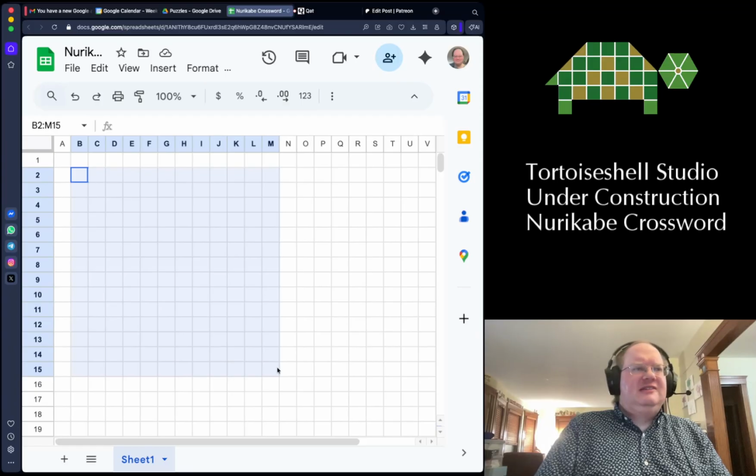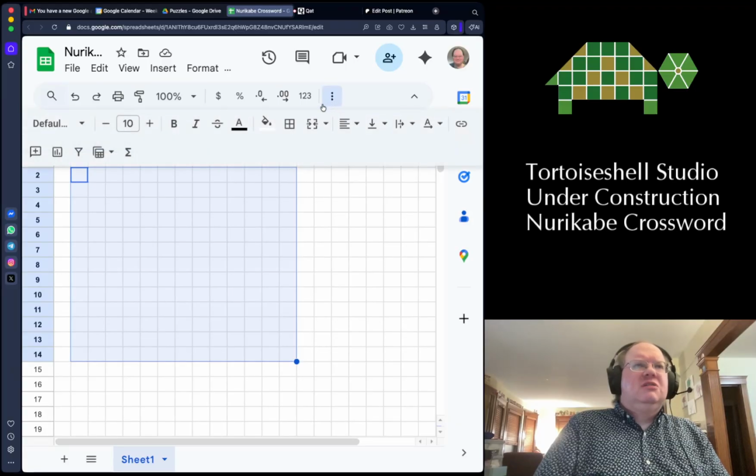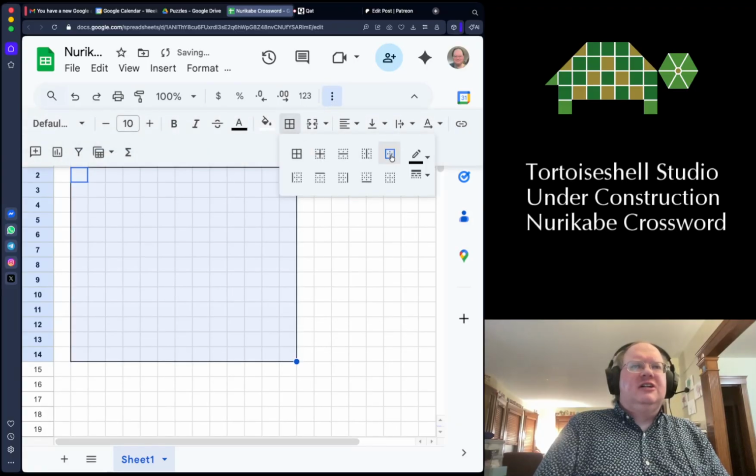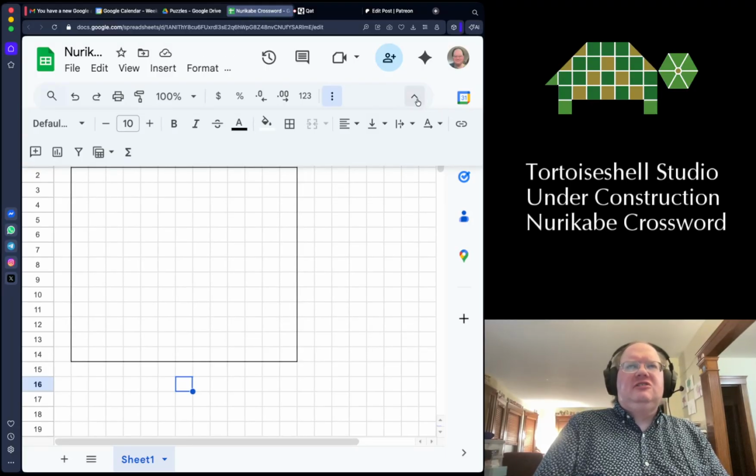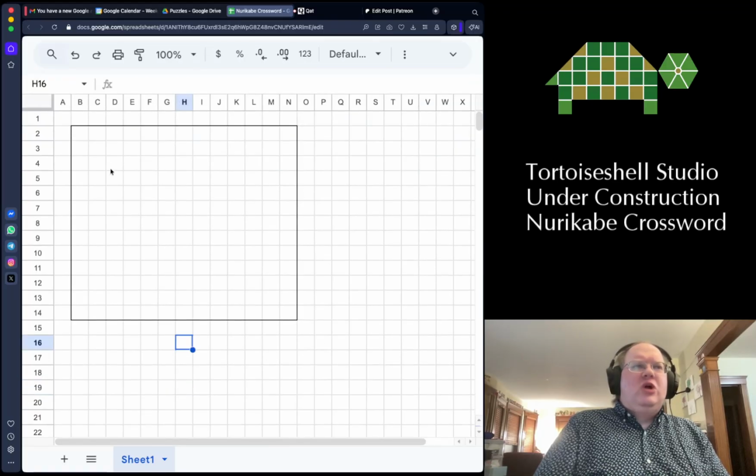Let's say 13 by 13 for this one. It doesn't have to be a square grid; you can have a rectangular grid. Just outline that. And so Nurikabe is a logic puzzle type where you are given a grid with some numbers in it.